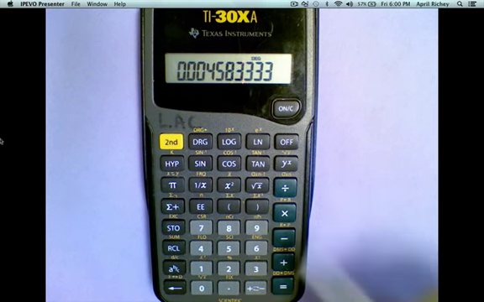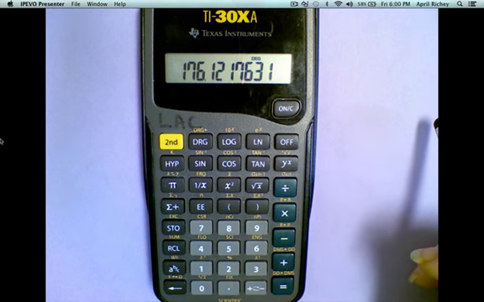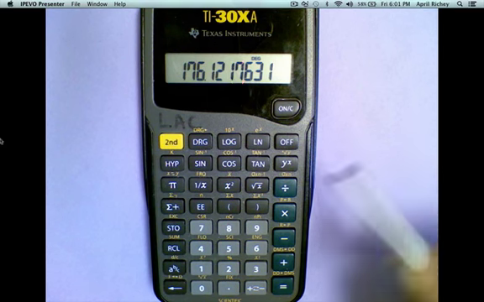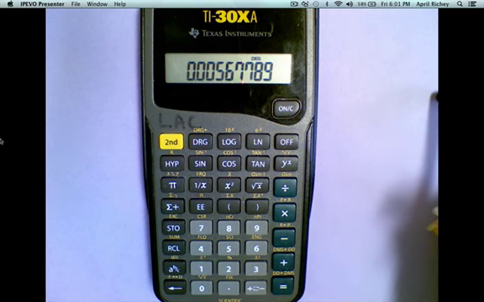Close your parenthesis, and then be sure to always hit equals to actually do the division. So that gives me 176.1217, and that continues on. Now I raise this to the negative 1 power. I'm going to use my reciprocal key, and that gives me 0.00567.